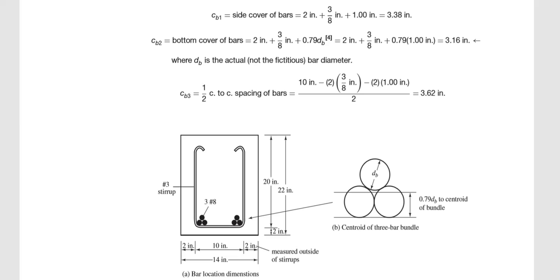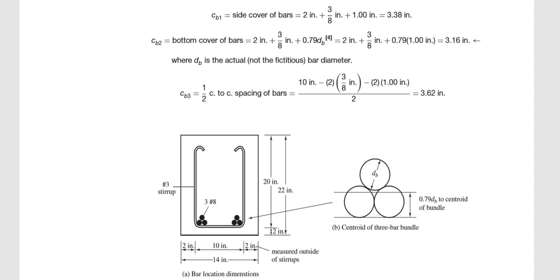It is given. So for the horizontal distance, this 2 inch plus this 3/8, that means the tie, plus 1 bar. The diameter of the number 8 bar is 1 inch. So the total is 3.83. This is in the horizontal direction. Now we'll do it in the vertical direction.